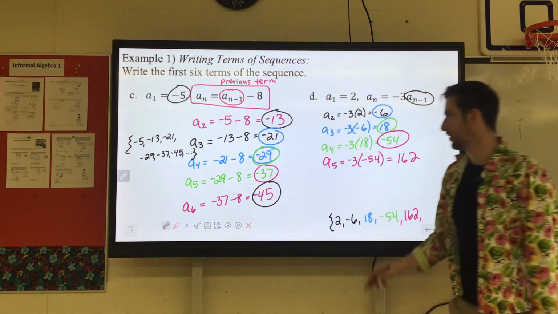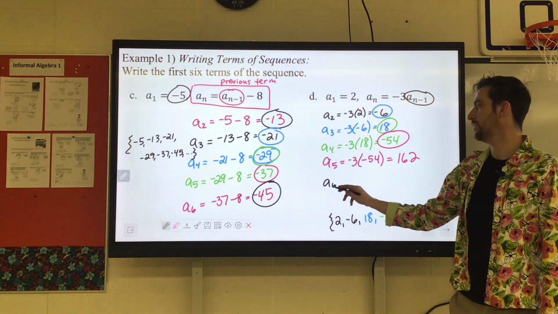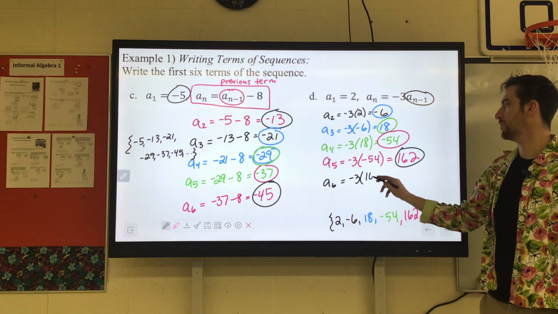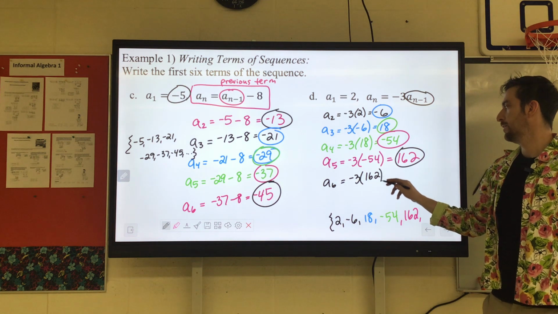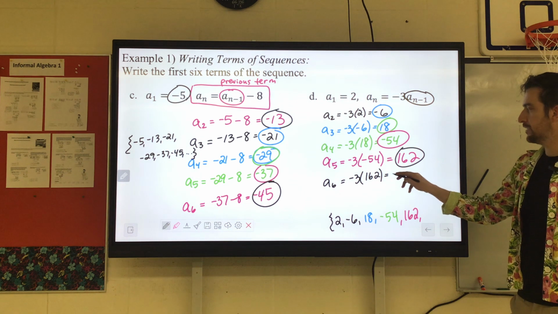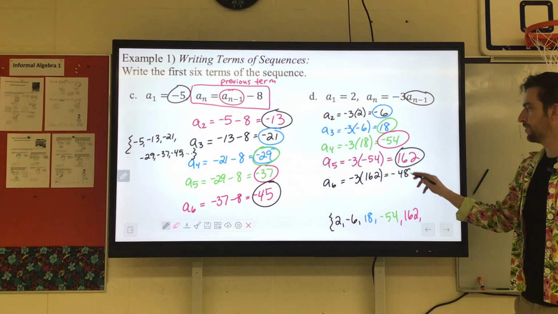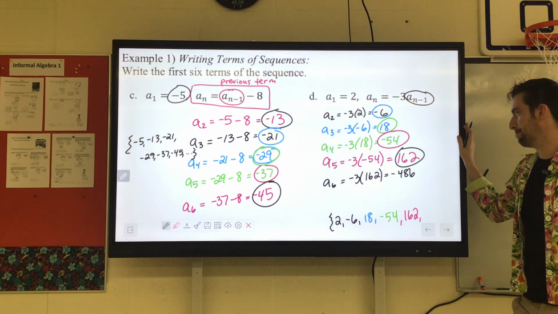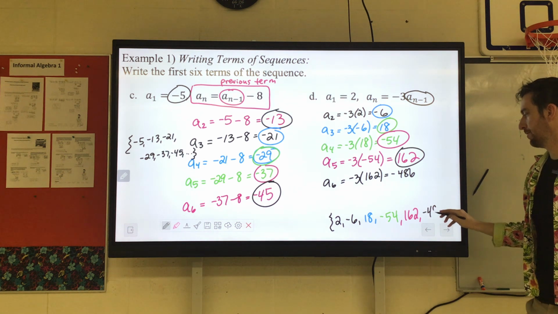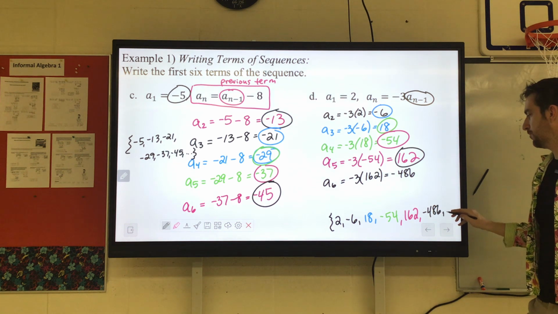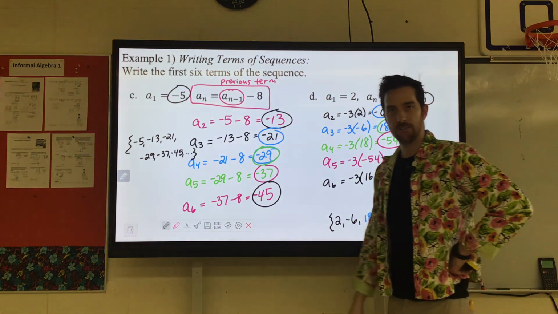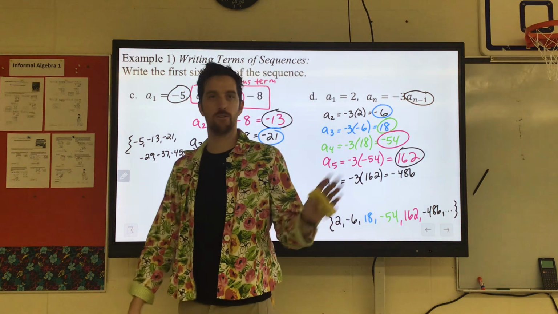And the sixth, the last term we need to find, -3 times the previous term, 162. -486, I think. I think that's right. And this sequence goes on forever, so we'll put the ... there. Even though they only made us find the first 6, it could go on forever.